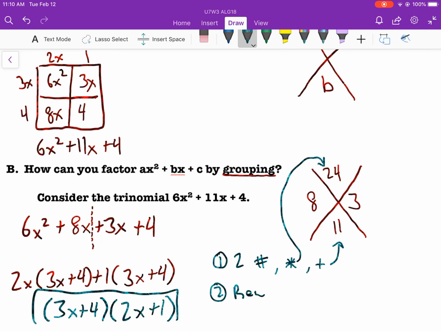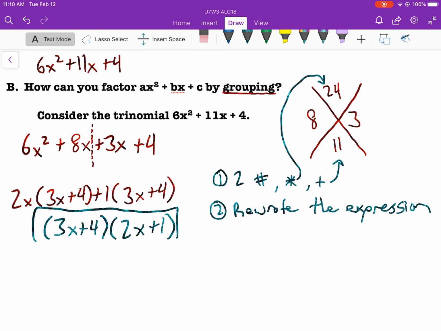We rewrote the expression, and then we factored by grouping. Factor by grouping.